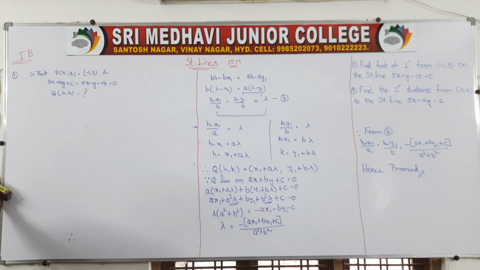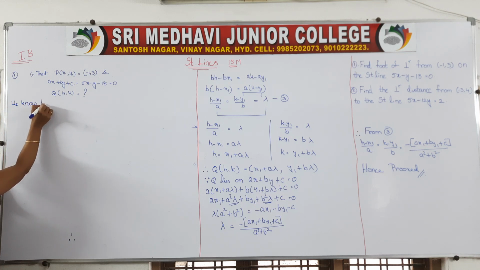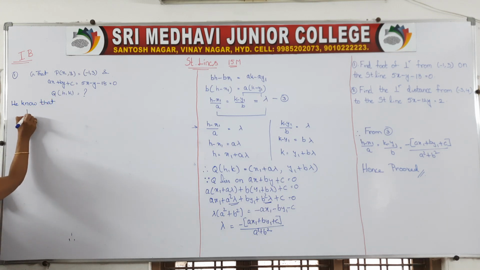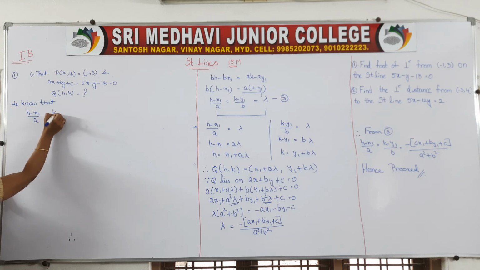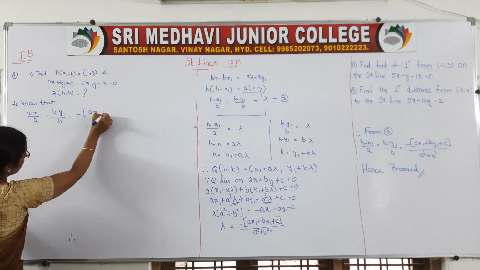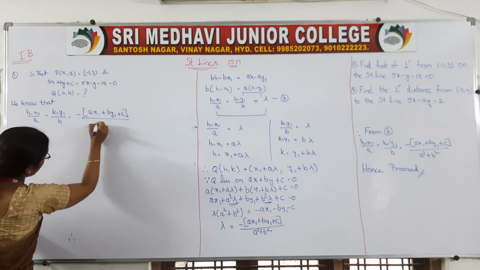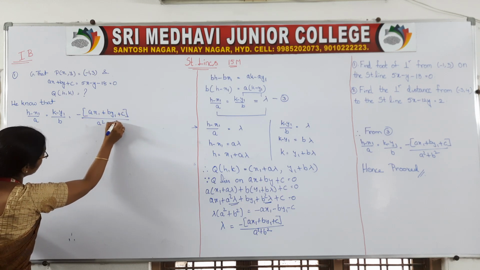Okay, so come on, whenever it is like that, we will take the statement. We know that whenever the foot of the perpendicular is there, we can take that formula. What is the formula? h minus x1 by a is equal to k minus y1 by b is equal to minus of ax1 plus by1 plus c by a square plus b square.